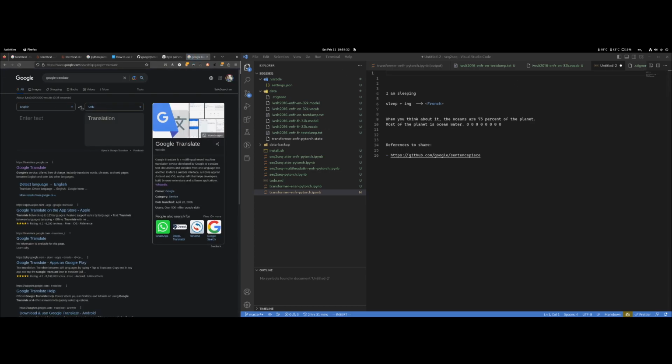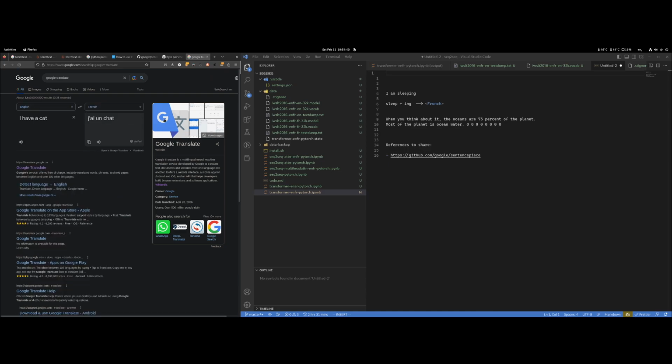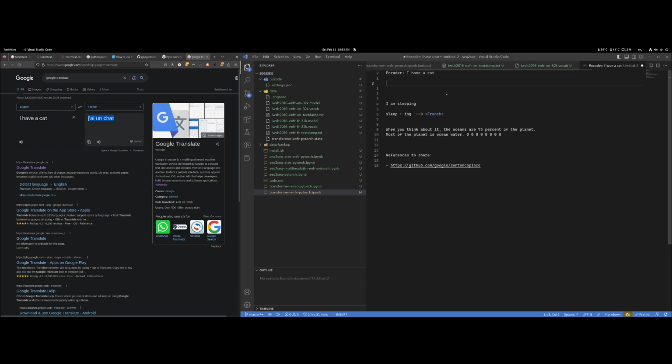So let's take, for example, I have a cat, and then I'm going to use French. I don't know how to pronounce this one, but your encoder is going to have "I have a cat," and then your decoder is expected to produce "j'ai un chat," I think.